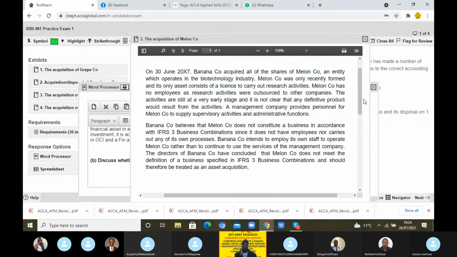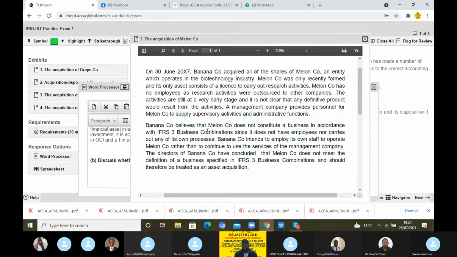The activities are still at a very early stage, and it's not clear that any definitive product would result from these activities. A management company provides personnel for Melon to supply supervisory activities and administrative functions. Banana Company believes that Melon does not constitute a business in accordance with IFRS 3 Business Combinations, since it does not have employees nor carry out any of its own processes.